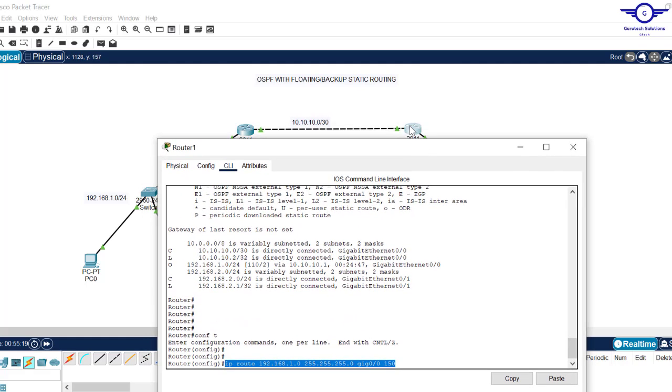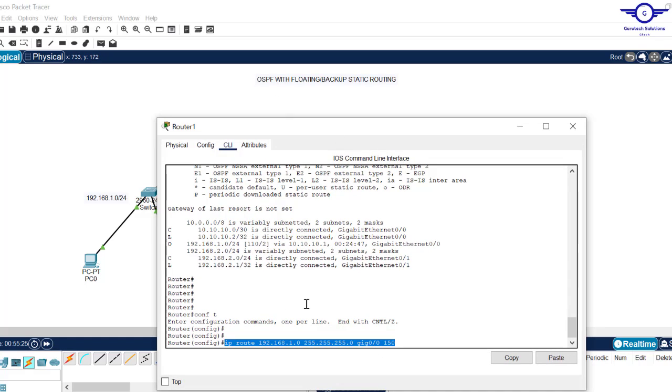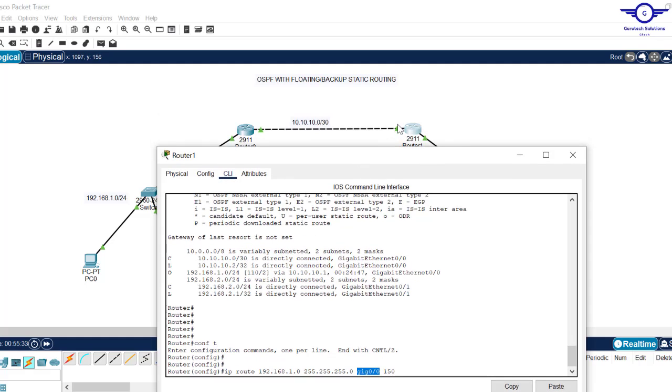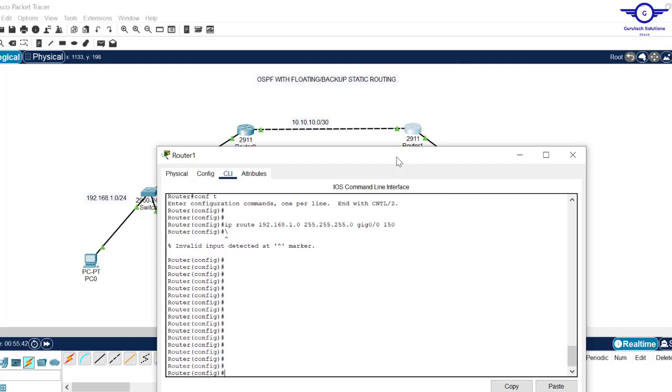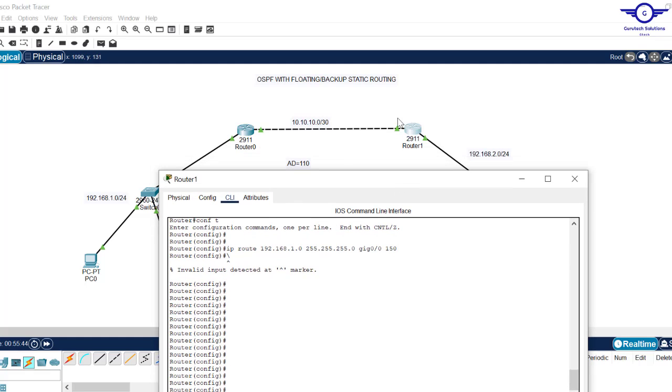You can configure it for the outgoing interface or the IP address of the next hop. So in this scenario, on router 1, I just used the outgoing interface. The outgoing interface of router 1 is gig 0/0, which is this one.